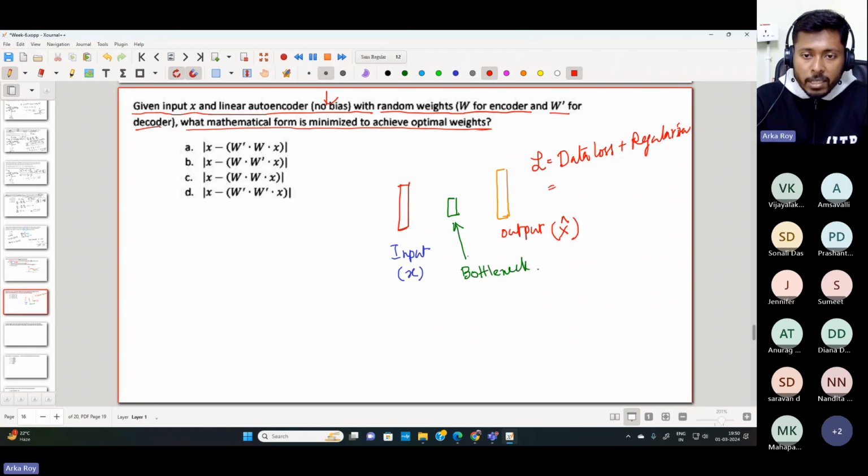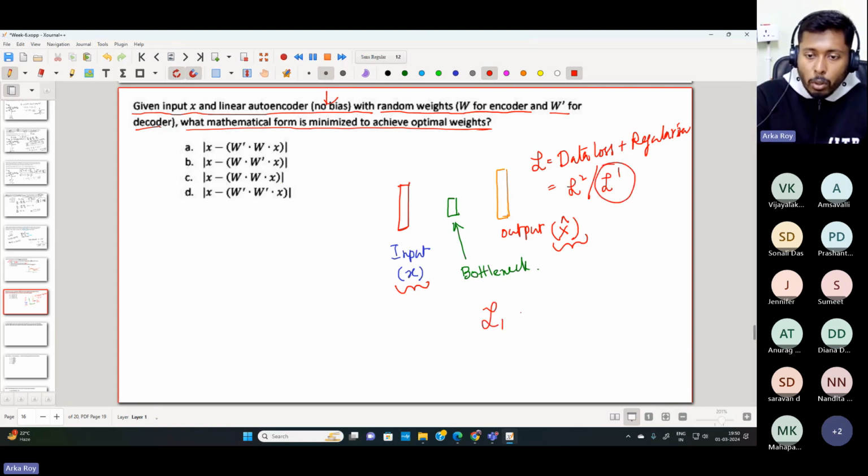Data loss is basically, given this input X, we try to generate the X hat at the decoder side from the bottleneck representation, and we try to minimize the data loss by using some sort of distance metric. It could be an L2 loss, it could be an L1 loss. In this particular question, in each and every case, people have given the representation of L1 loss, that means absolute loss. So let us consider the absolute loss only.